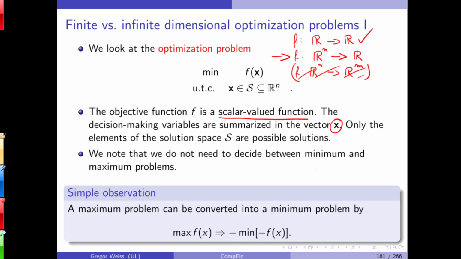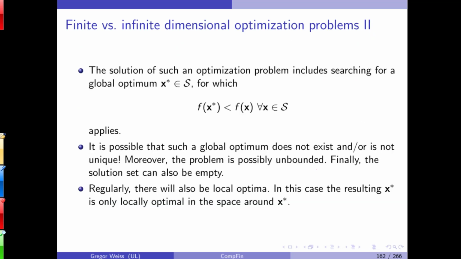Instead of maximizing a function f with respect to x, you take the negative of the minimum of minus f. This is equivalent. So you can transform any maximization problem into a minimization problem, and then you only need one type of optimizer in your computer system. And by convention, usually you have a function minimizer.